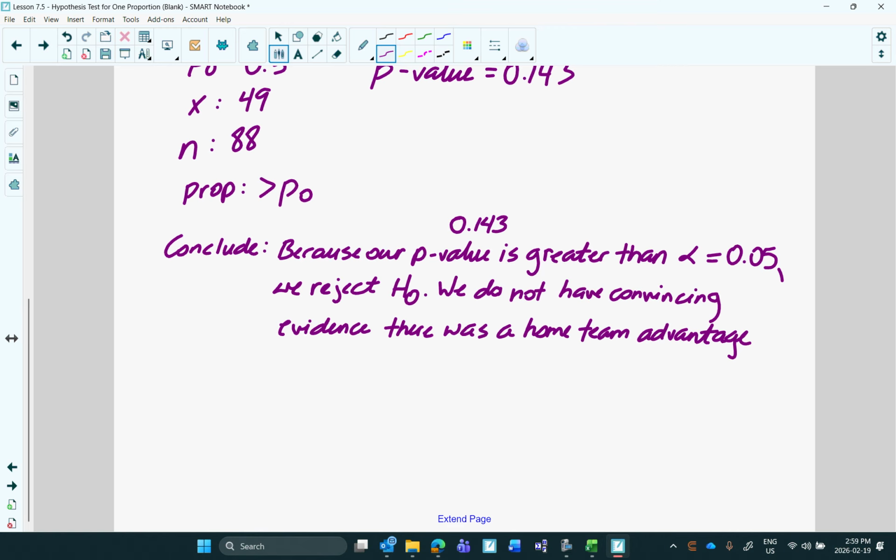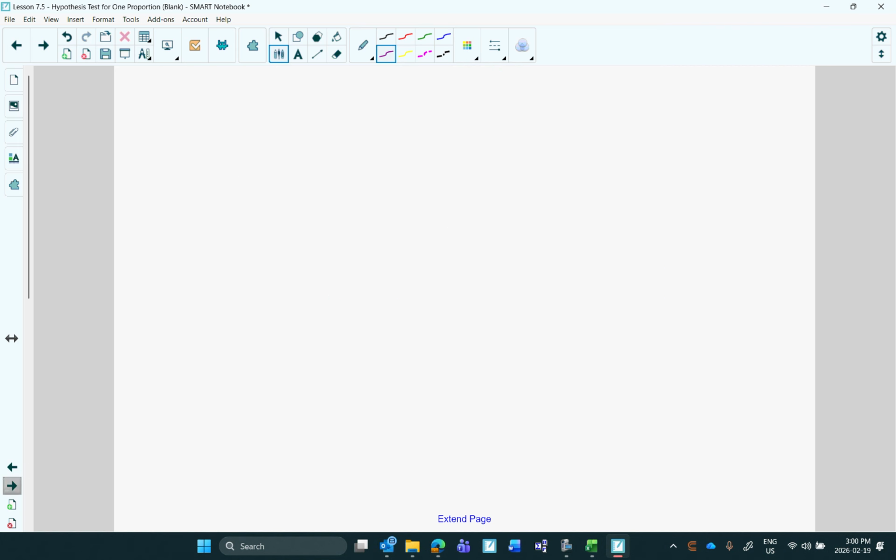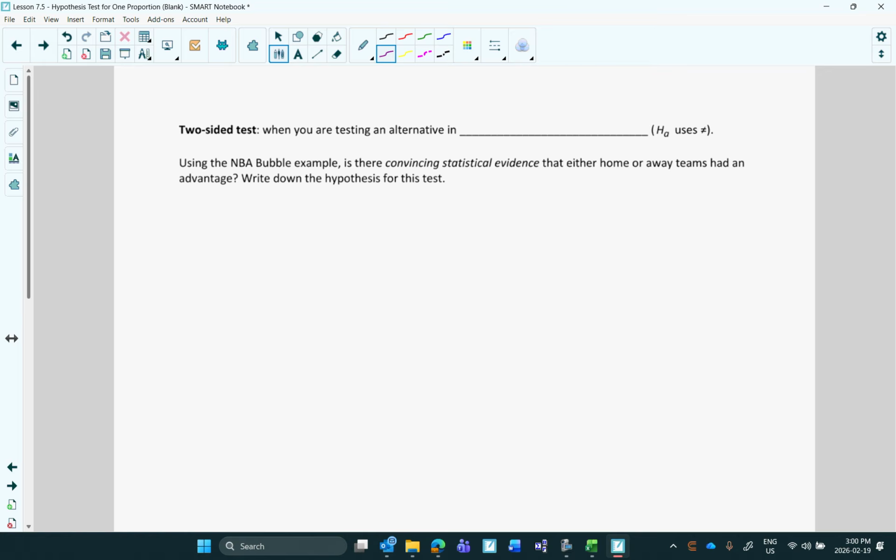Now, you may have noticed when you did your graphing calculator, you saw greater than, less than, and you also saw not equal to. When do we use not equal to? Well, it's called a two-way test or a two-sided test. That means you're testing an alternative in both directions.